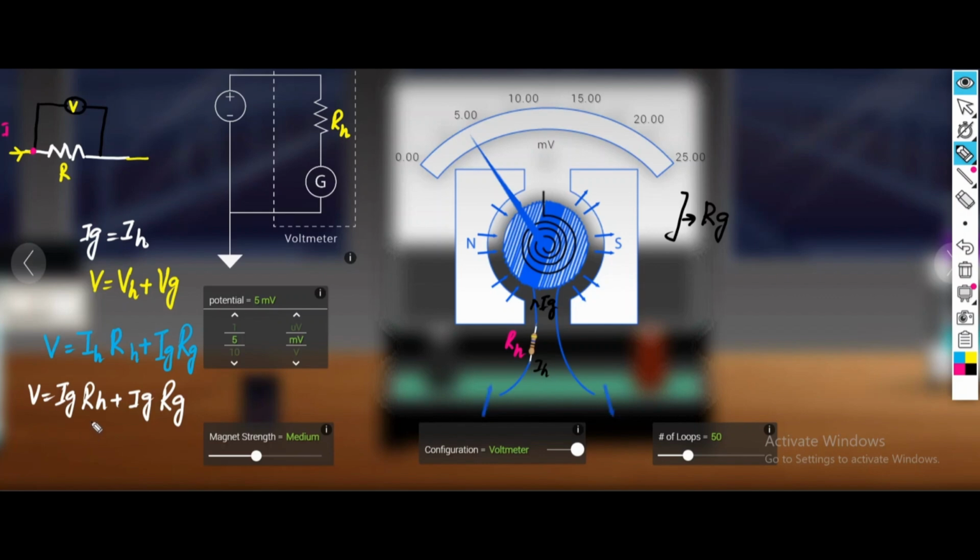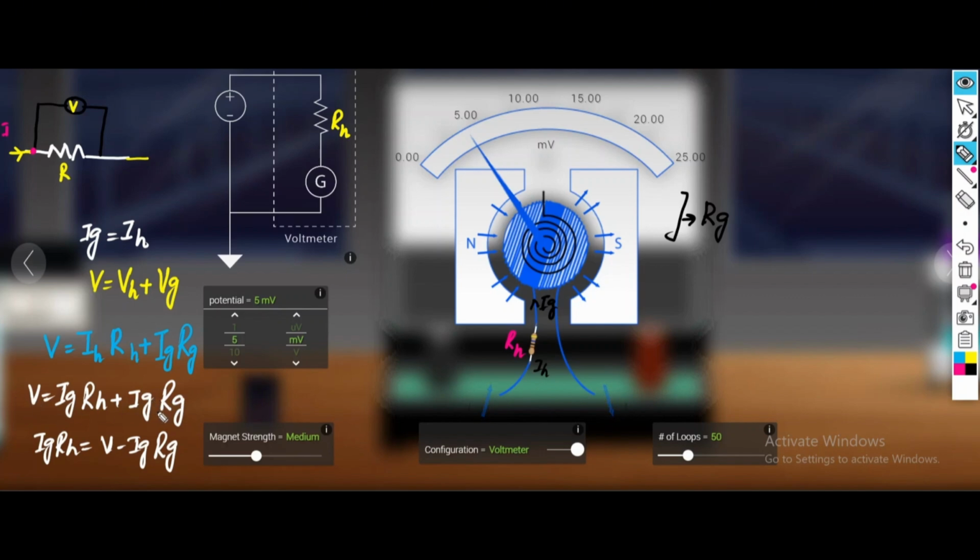From this we can determine RH. IG RH is equal to V minus IG RG, since this term is shifted to this side with a negative sign.